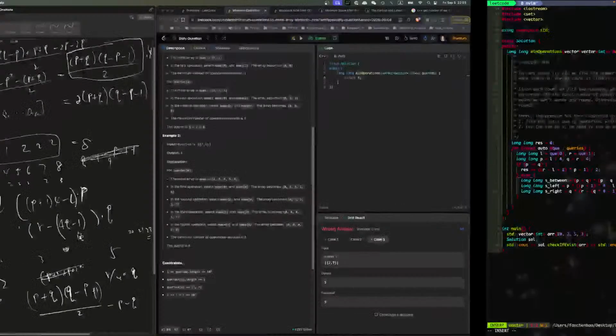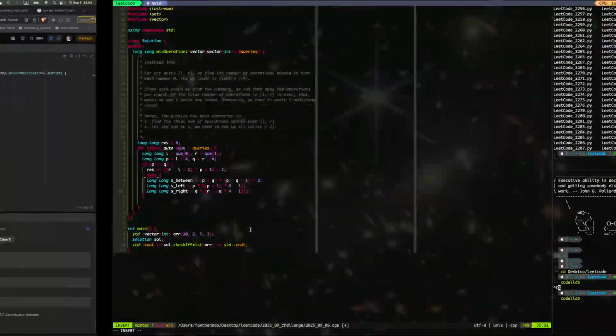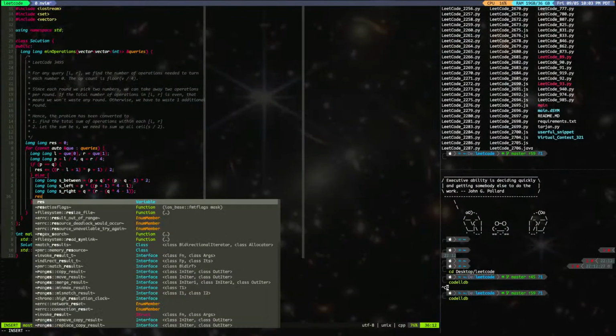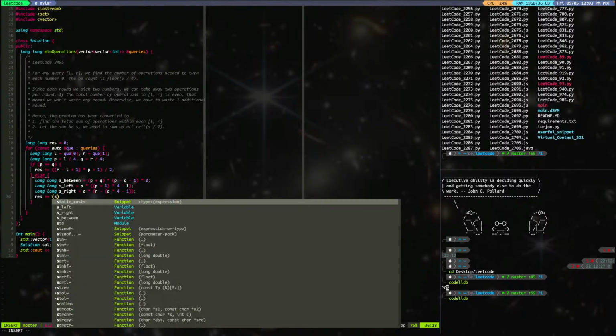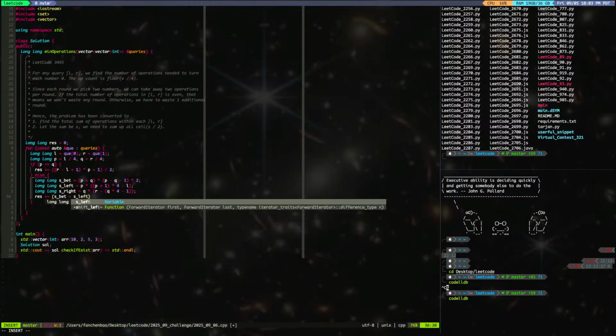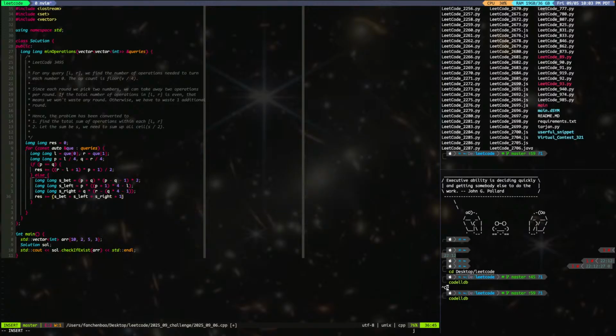So this is on the right hand side, 4q minus 1, times q. And then rest is equal to s between plus s left plus s right plus 1, divided by 2. So that's for everyone. Once we're done, we'll return rest.